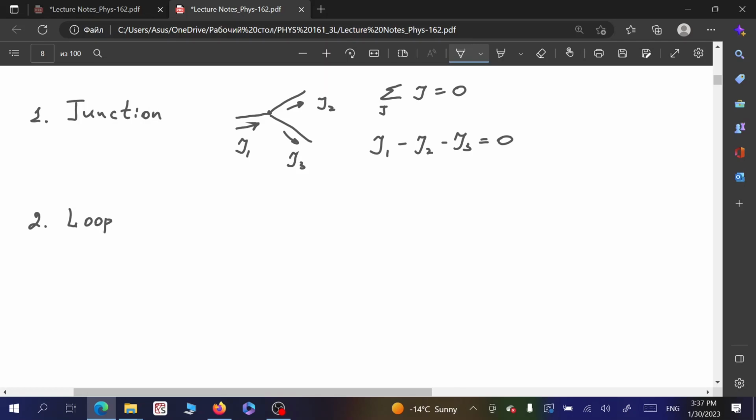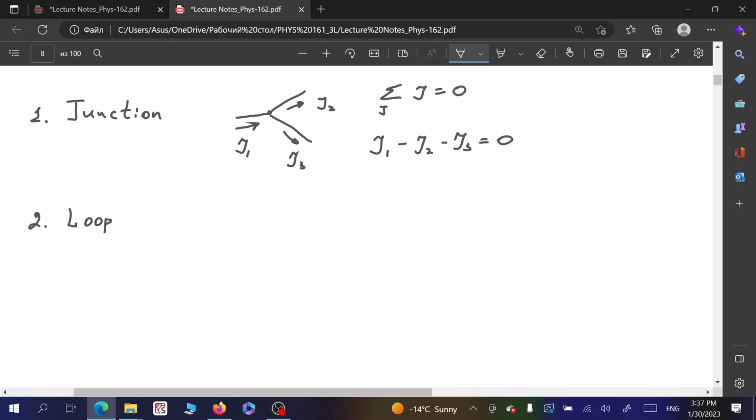What it tells us is that for every closed loop in an electric circuit, the gain of potential energy for charge carriers should be equal to the dissipation of energy by these charge carriers. So when it comes back to the initial point, so we made the closed loop, the change of potential energy is equal to 0.